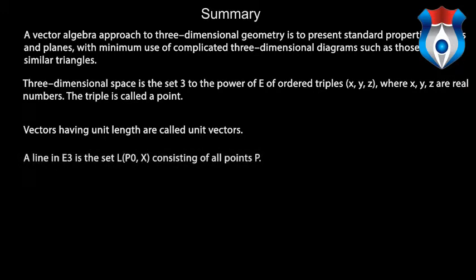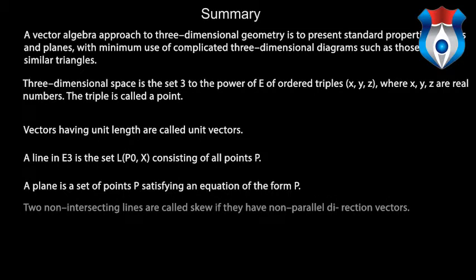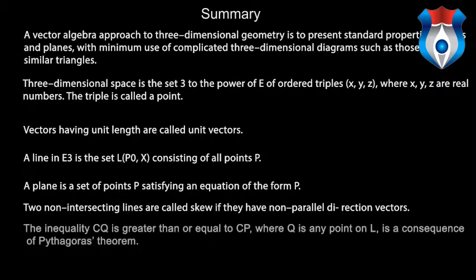Vectors having unit length are called unit vectors. A line in E3 is a set consisting of all points P. A plane is a set of points P satisfying an equation of the form P. Two non-intersecting lines are called skew if they have non-parallel direction vectors. The inequality CQ is greater than or equal to CP, where Q is any point on L, is a consequence of Pythagoras' theorem.